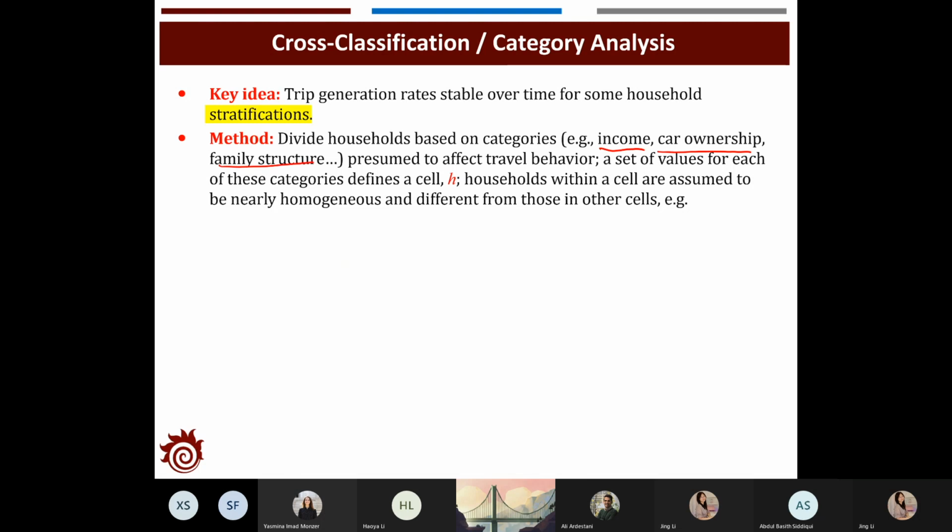We assume that we have a set of categories, and each category is defined as one cell, and the households within each cell are assumed to be homogeneous. Their behaviors or their decisions about taking trips will be different from the other cells. So that's the assumption we made for the cross classification analysis.